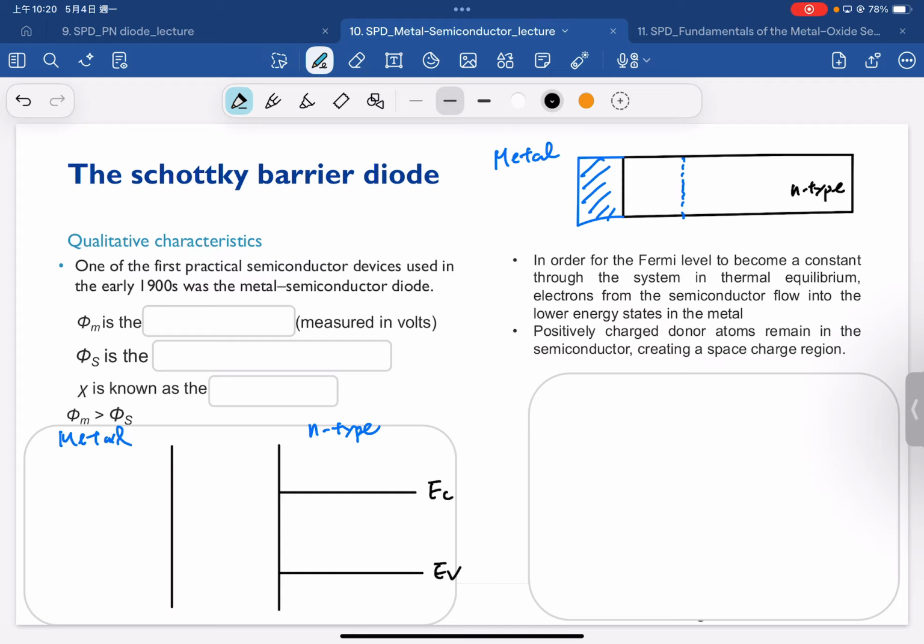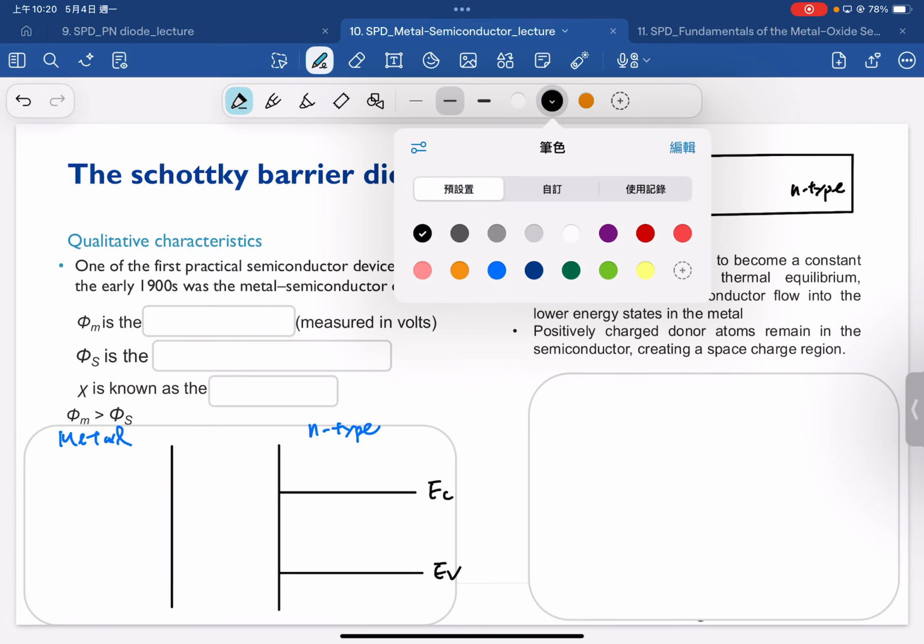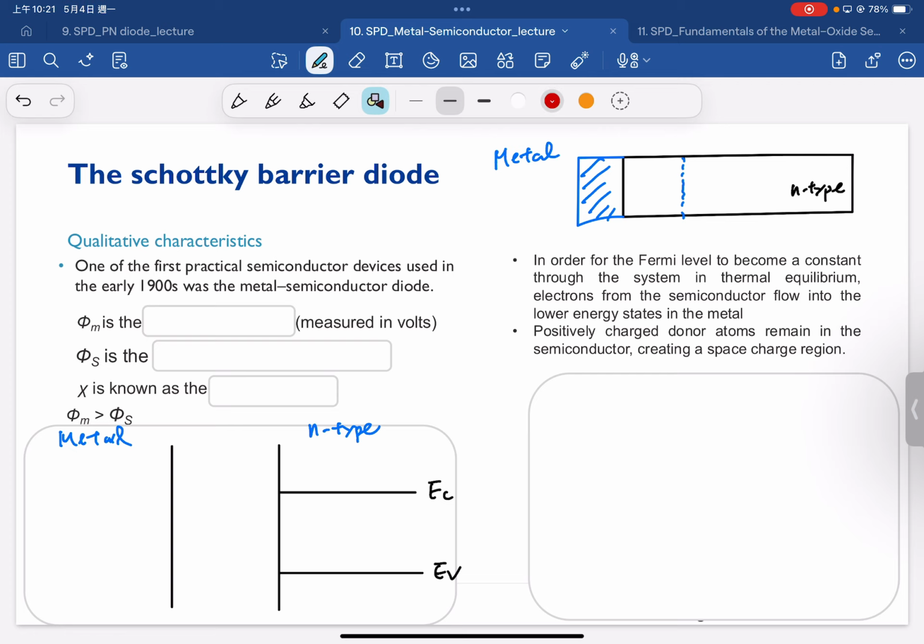Because it is N-type, our Fermi energy EF must be close to the conduction band, and that will be above our EFi.